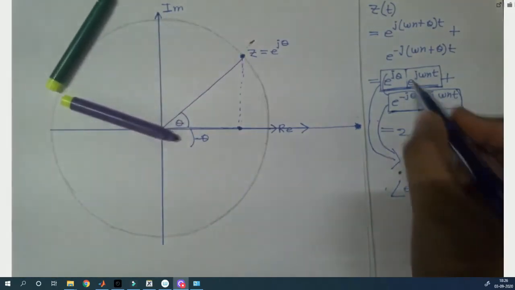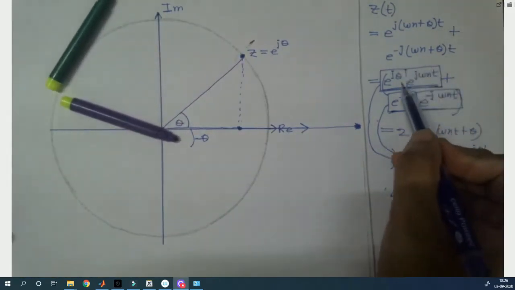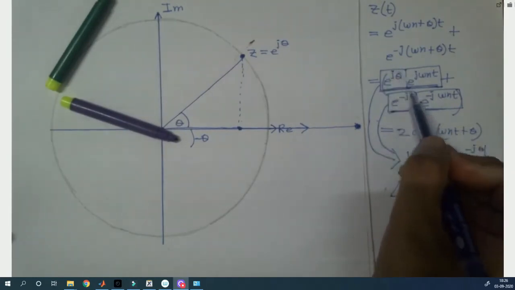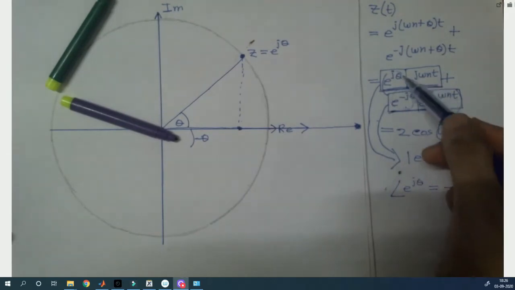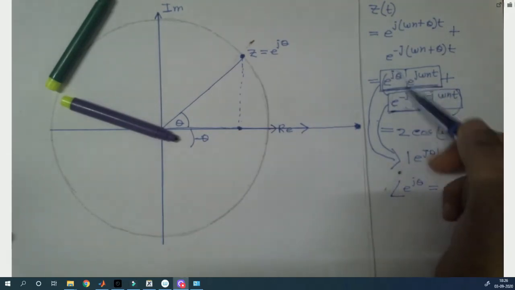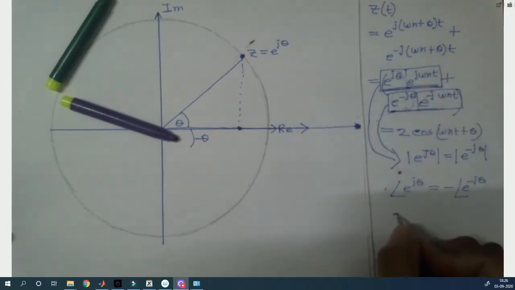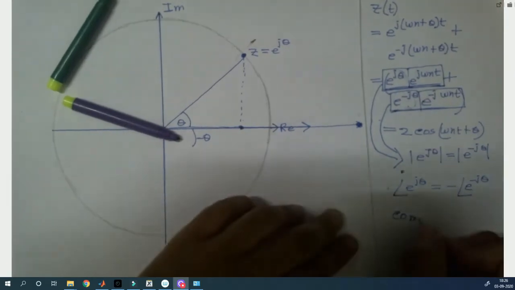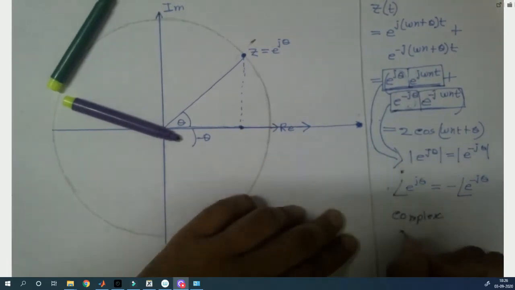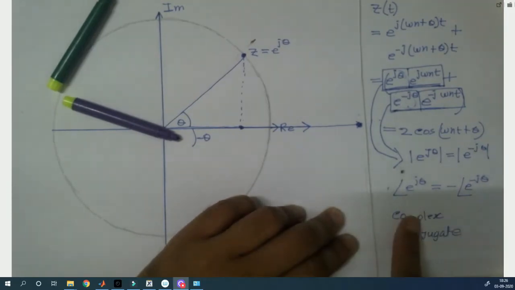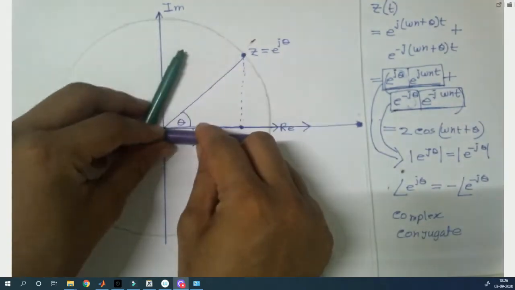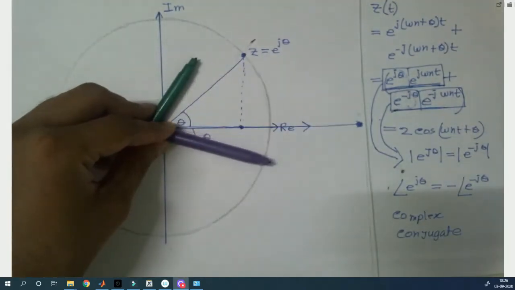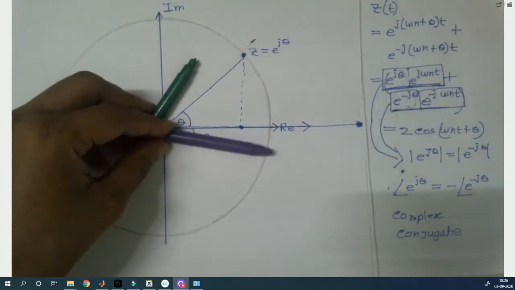In other words, I can say that these two coefficients should be complex conjugate of each other. Complex conjugate. If they were not complex conjugate, then their sum will not be real at all the time.